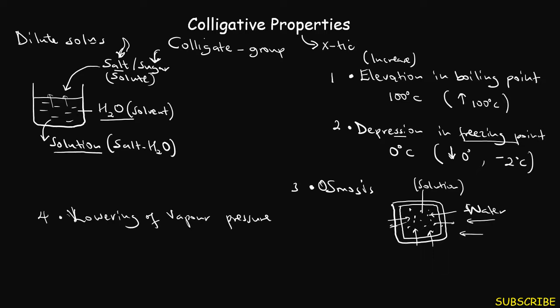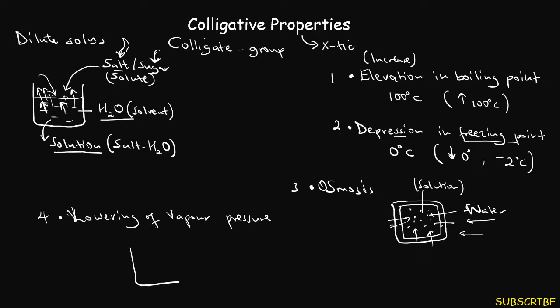So when we add some salt into our water to create our solution, the salt particles or sugar particles will prevent the escaping tendency of the water present. The escaping tendency of our solution will be less, and as such, we shall have less vapor moving into the atmosphere because of the presence of some salt particles at the surface.